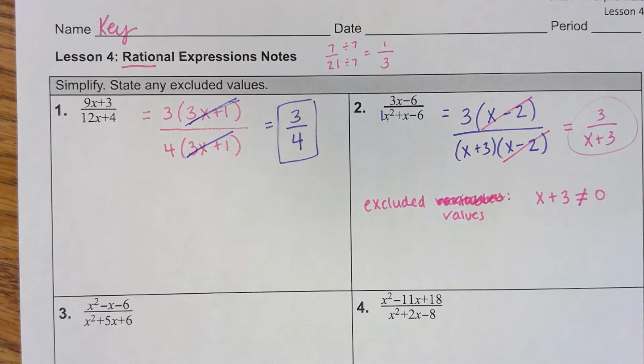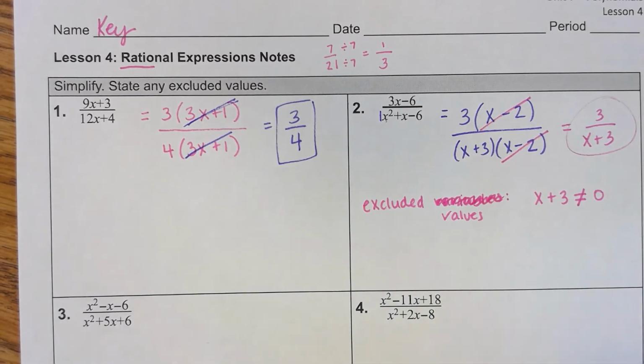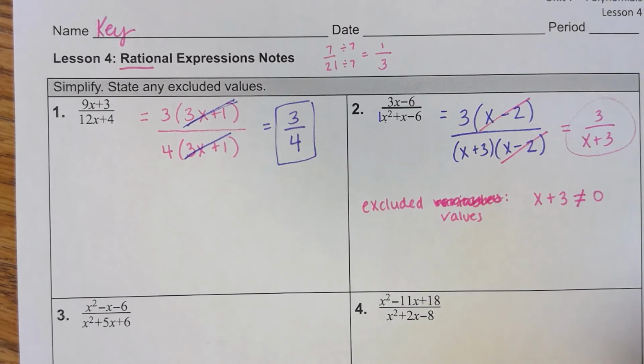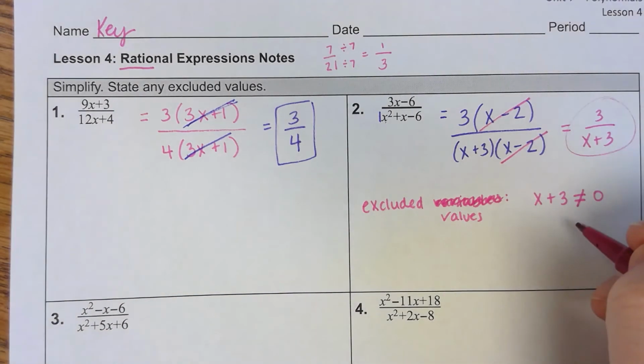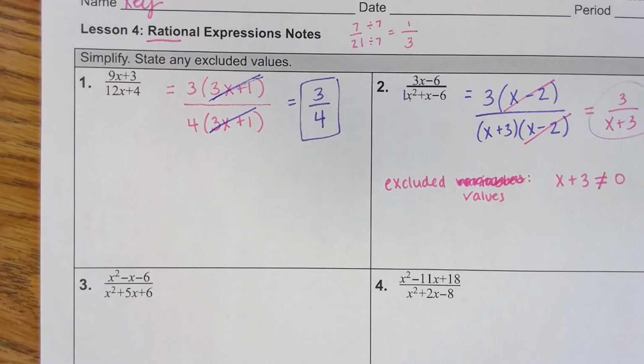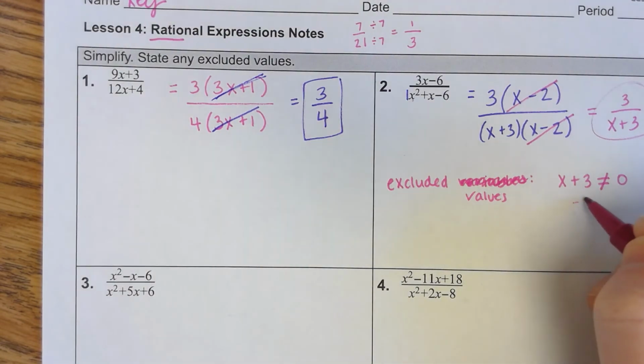I'm going to solve this so that I know what x is not allowed to be equal to, the value that, if x were equal to it, the denominator would be 0. To solve this, I would just subtract 3 on both sides and get that x cannot equal -3.